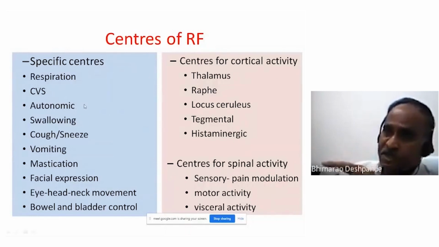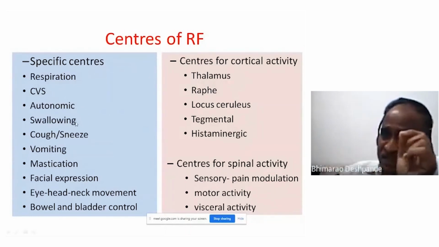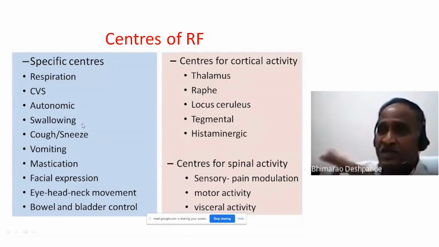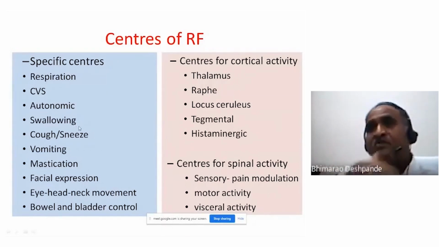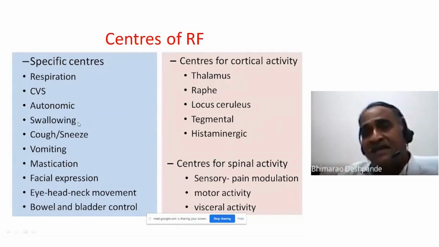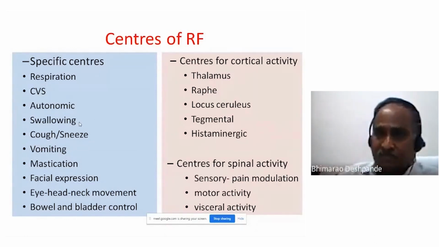These are specific centers. The swallowing center, you have seen deglutition. The deglutition, you have a swallowing center. Initially, we initiate the swallowing voluntarily, then subsequent stages, second and third stage, are involuntary or automatic. Then we have a vomiting center.